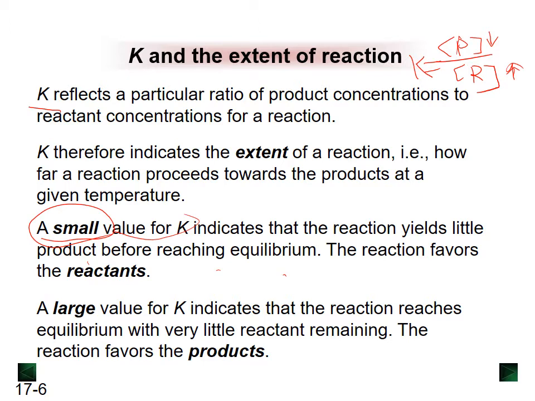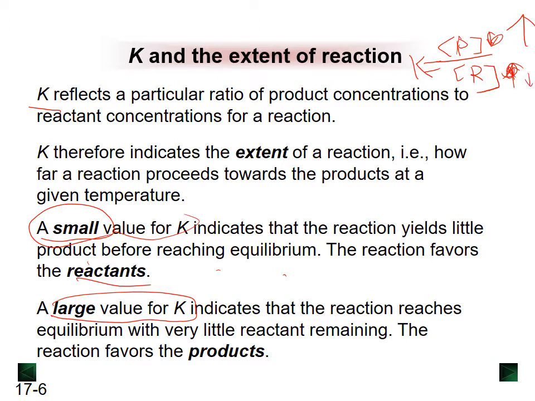The reaction favors the reactants because you have a large amount of reactants unreacted. Now, a large K constant, on the other hand, tells you P is large, the product concentration is large. That means you form a lot of product, and the reactants are small.